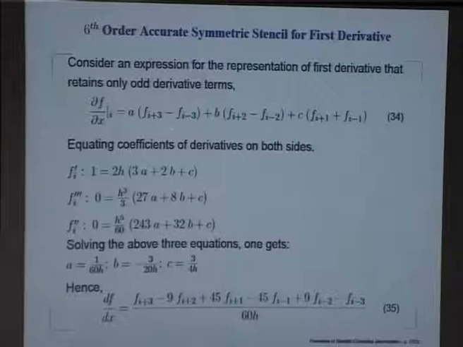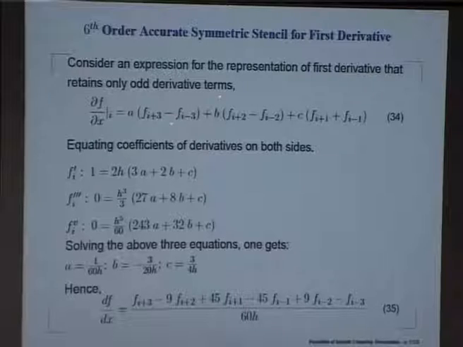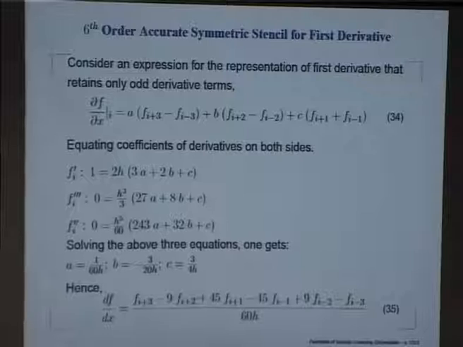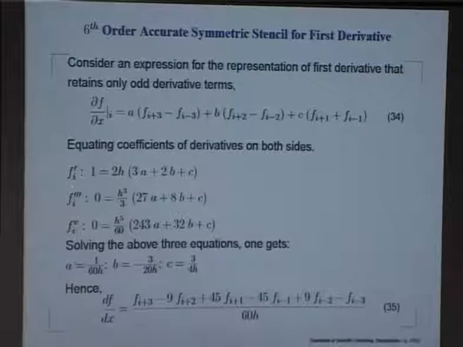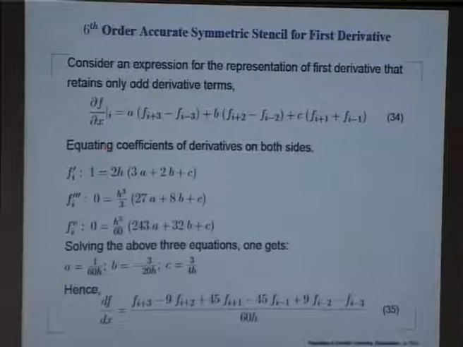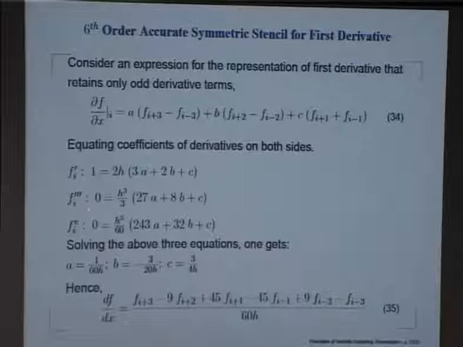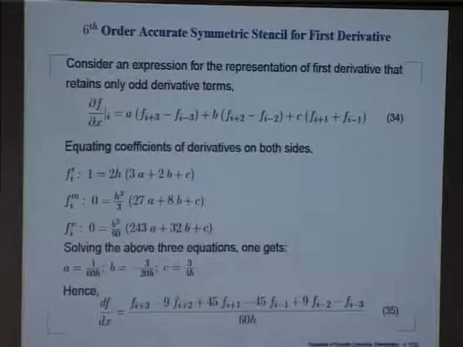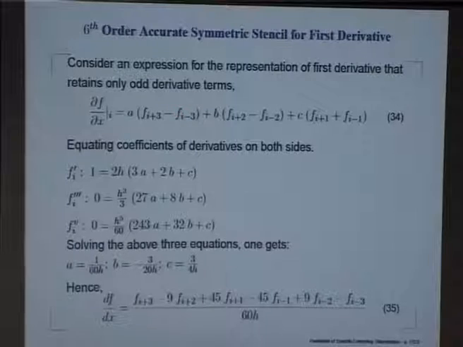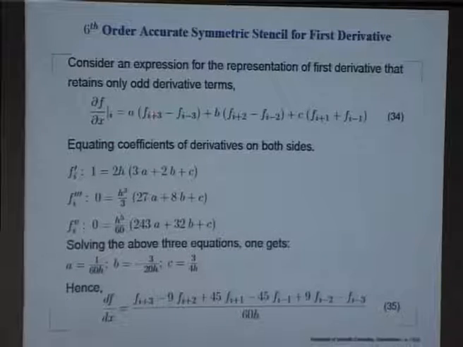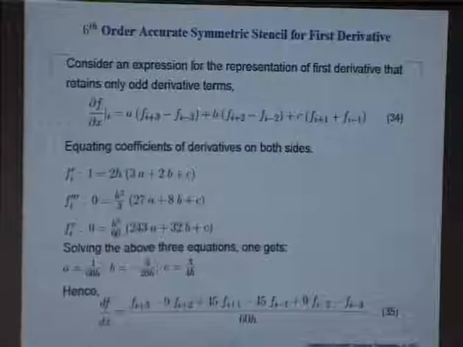This clubbing of terms ensures that all the even derivative terms disappear, leaving behind only the odd derivative terms, and then in this equation if you equate the coefficients, that helps you generate relations for the unknown constants a, b and c.